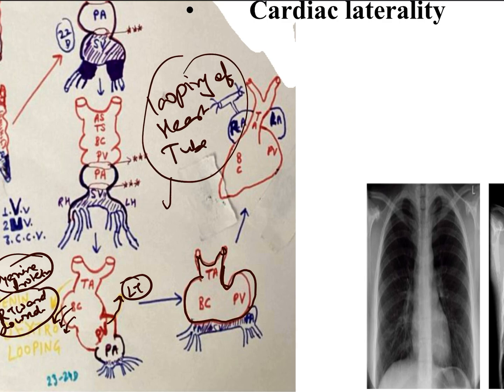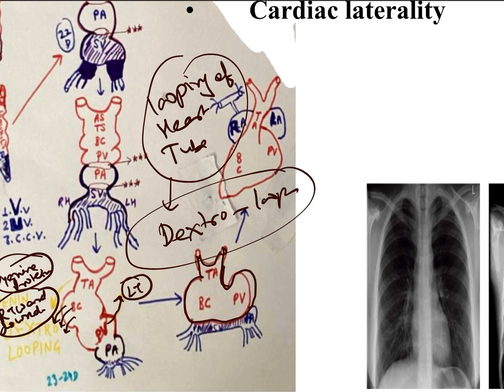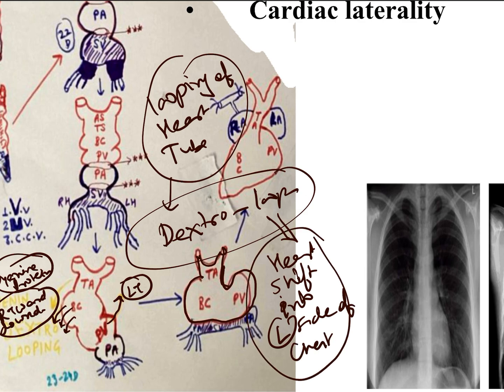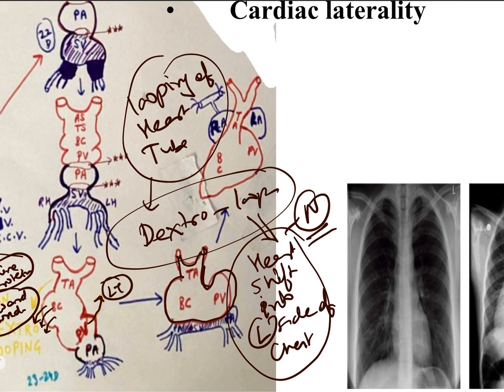This looping is known as dextrolooping of the heart. Because of this dextrolooping, the heart shifts into the left side of the chest cavity, which is a normal phenomenon. Please look here at this X-ray.